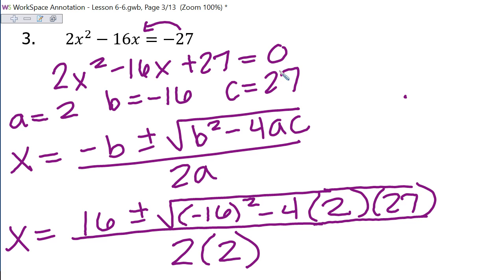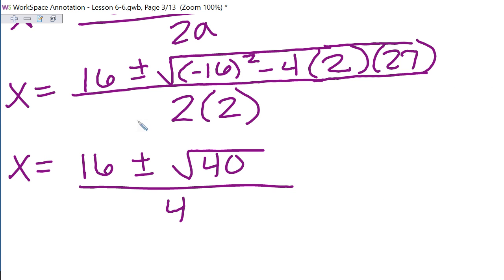So this would be 256 minus, what's 4 times 2? 8. And what's 8 times 27? 216. So when you subtract 256 and 216, what do you get under the radical? 40.